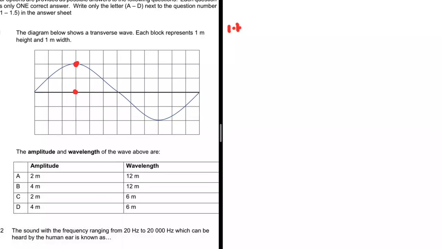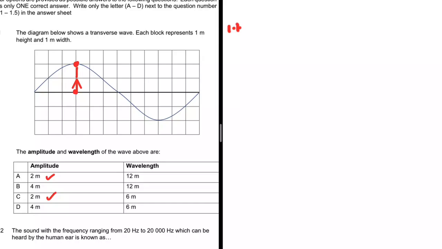The maximum displacement from rest position. So how many square blocks do we have? We have 1, 2, right? So clearly that should be 2 meters. So the amplitude is 2 meters. That is easy to see. So we are only looking at option A and C.